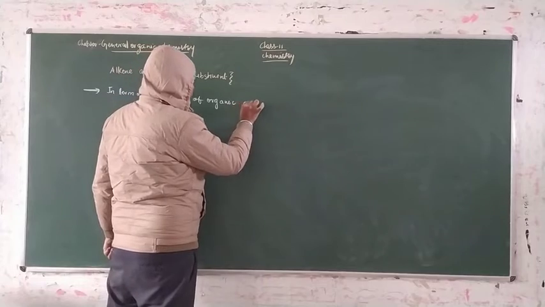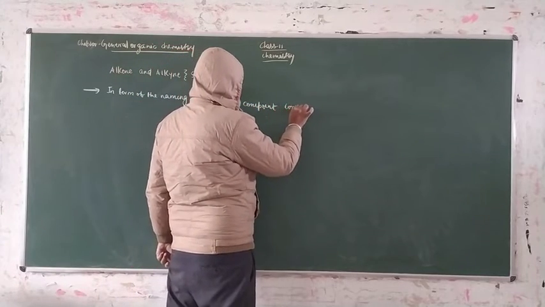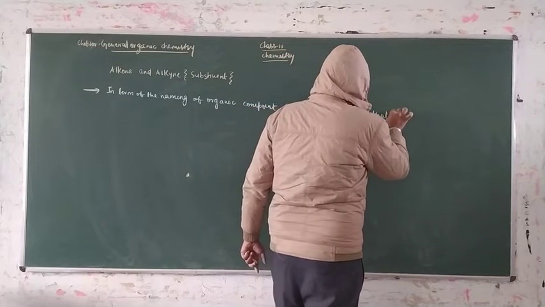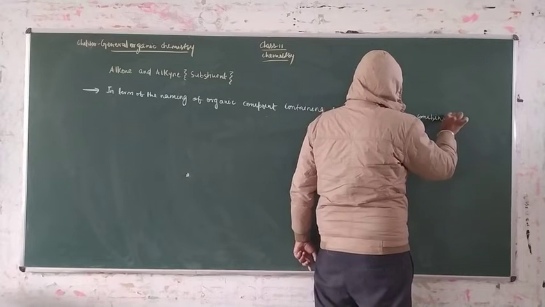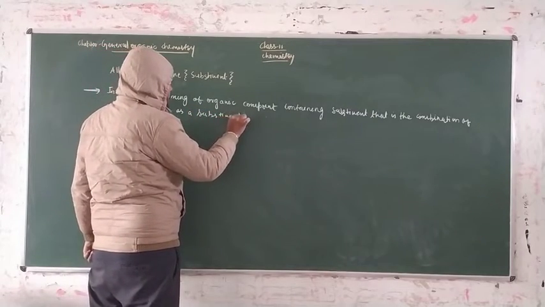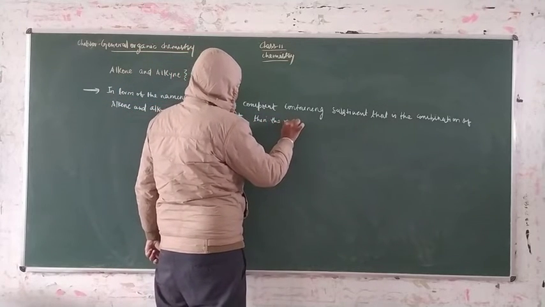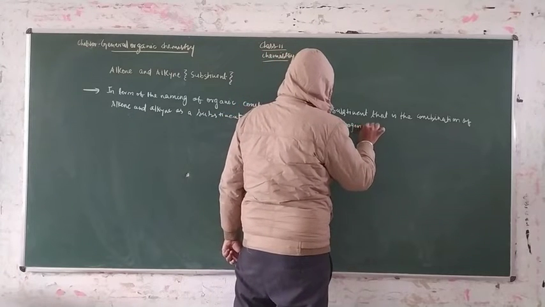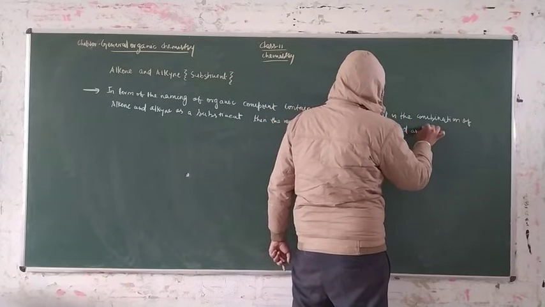In the name of an organic compound containing a substituent, that is the combination of alkene and alkyne as a substituent, then the removal of hydrogen is regarded as the substituent.